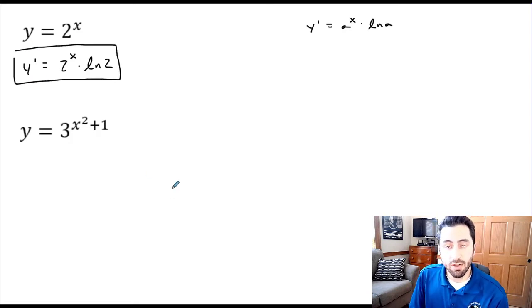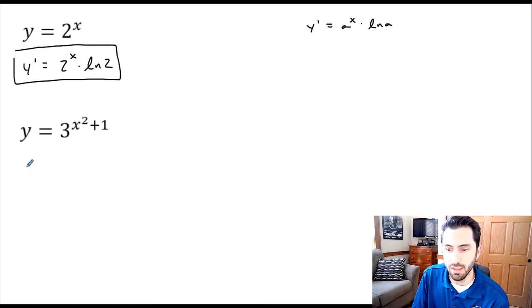Now, in the second equation, a little bit more complicated, I have y is equal to 3 to the x squared plus 1 power. So in this case, I actually need to use the chain rule. So the chain rule, we're going to take the derivative of the outside function, and we'll multiply that by the derivative of the inside function. So first off, just to rewrite this, let's let u equal our exponent.